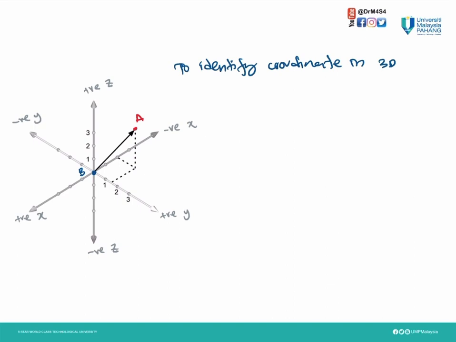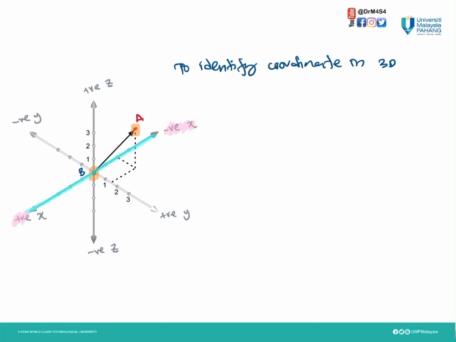Next, let's have a look at this case. We have locations B and A, where B is located at the intersection of each axis. As you can see here, on the x-axis, this part is positive x-axis and another part is negative x-axis.